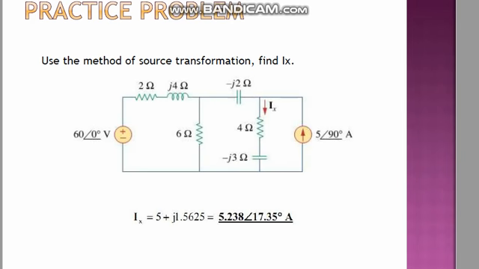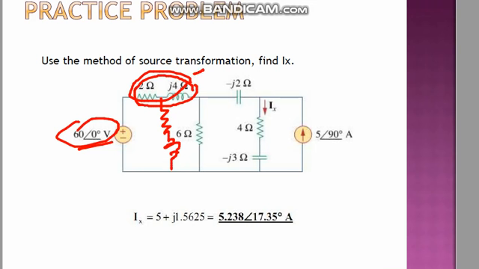So there is the math. First of all, you have to convert this voltage source to a current source. The series source in a branch should be placed in the parallel section, and just divide this voltage by this impedance. You will find the corresponding current source.